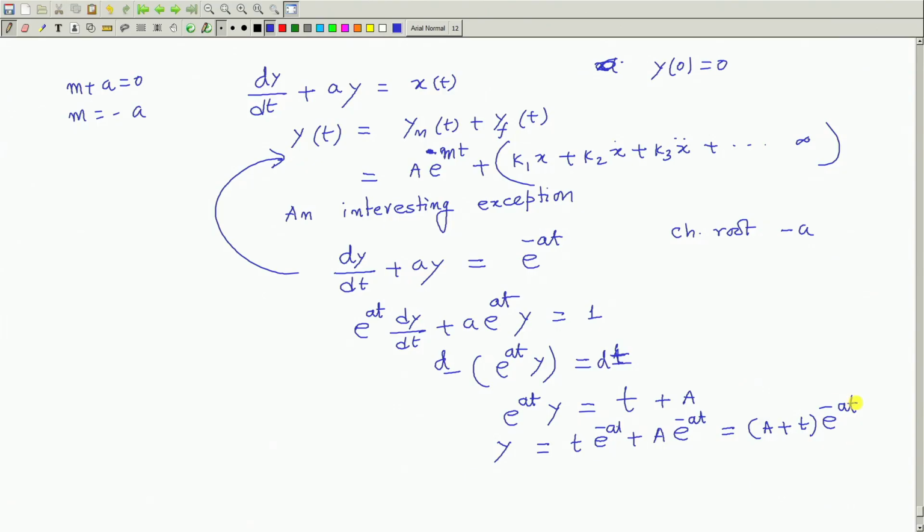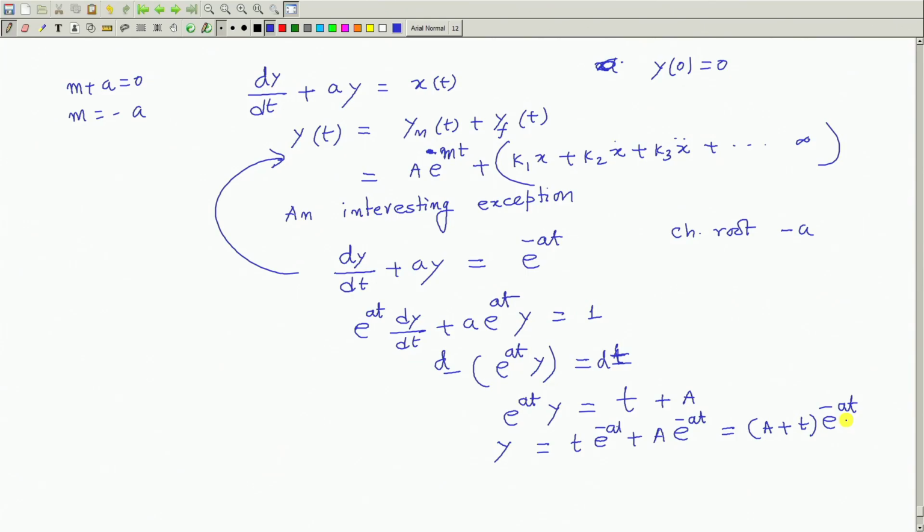The natural part remains undisturbed, but the solution due to the forcing function e to the power minus a t will not be like differentiating up to infinity. So, this exception rule one must understand. Then of course it is very easy, you just integrate and get that.